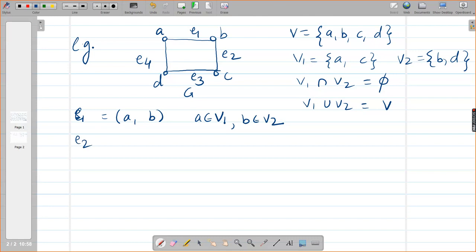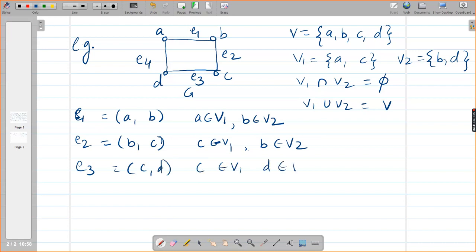Okay. What is E2? BC. I will write in the other way. First, I will write V1 elements. C belongs to V1 and B belongs to V2. E3, CD. So again, C belongs to V1 and D belongs to V2.